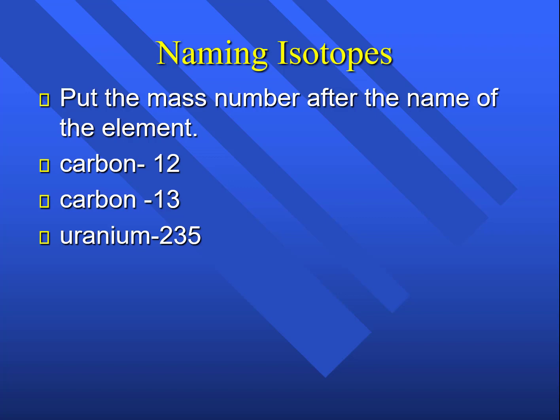So one of the ways they separated them was, we talked about that mass spectrometer and how the light ones would turn more than the heavy ones. They actually just put the uranium sample in and separated it that way and collected the uranium-235 because it turned the most. So they did it one atom at a time as it went through.